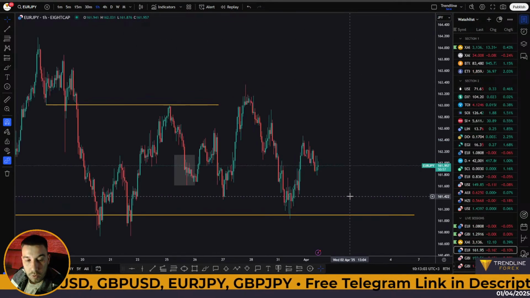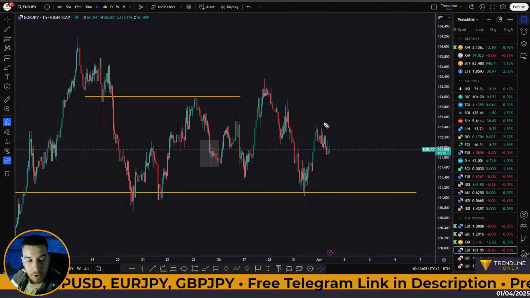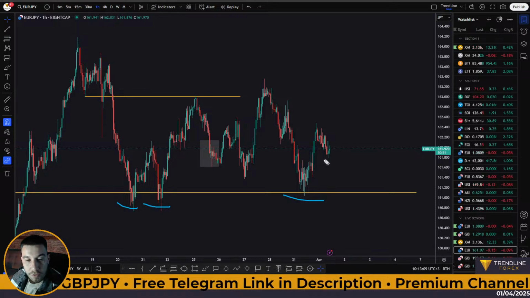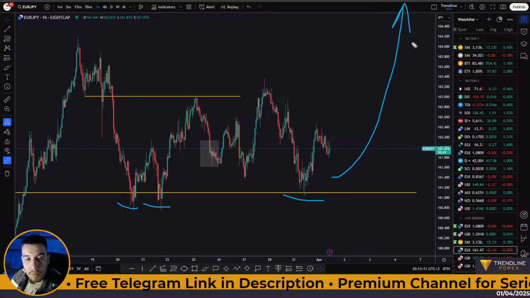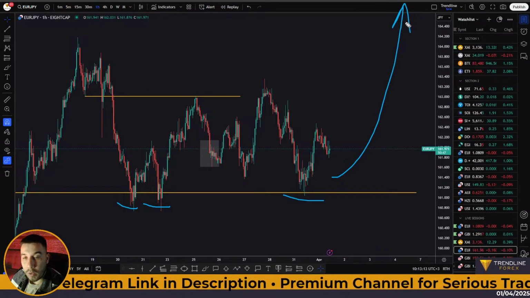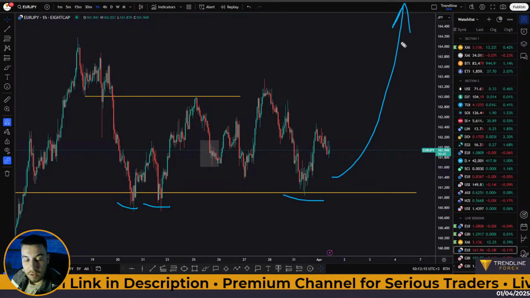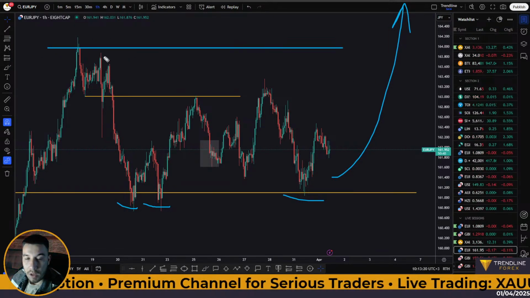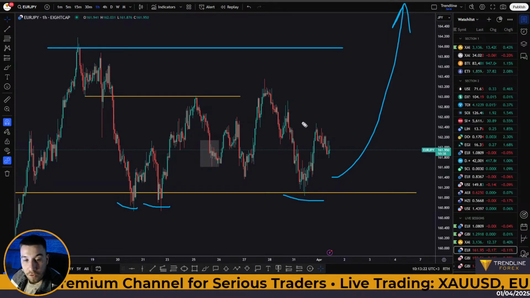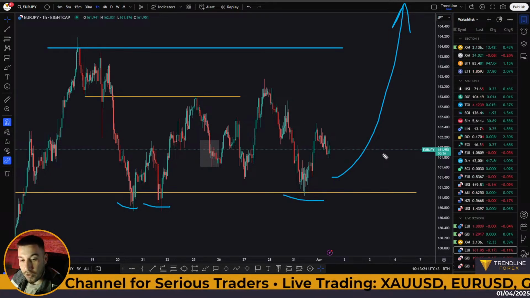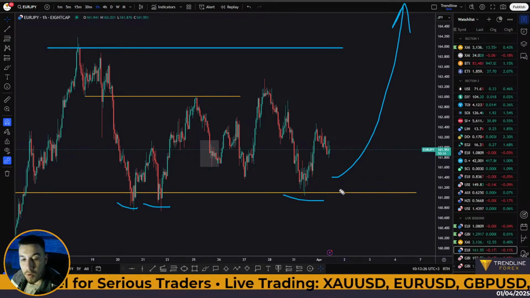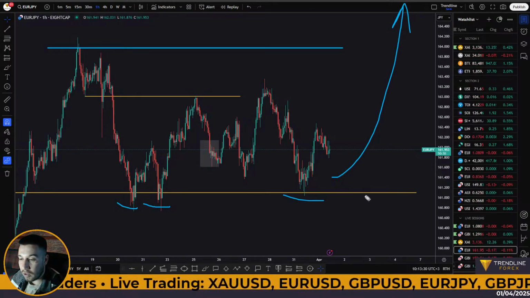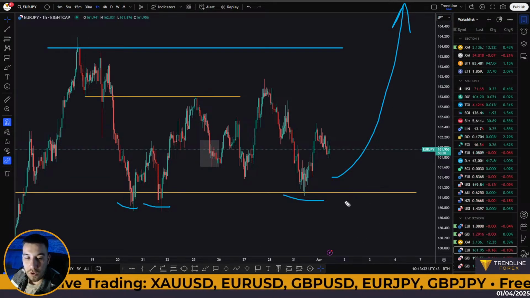All right, so what I'm trying to say is that we've got some equal structure right here, okay? And in order for the market to create another move to the upside, and we're talking about a swing move, not just 10, 20, 30 pips, but a move that's going to break above major high, to have enough volume it will most likely take out some previous structure where we will have a lot of pending orders or a lot of stop loss orders.